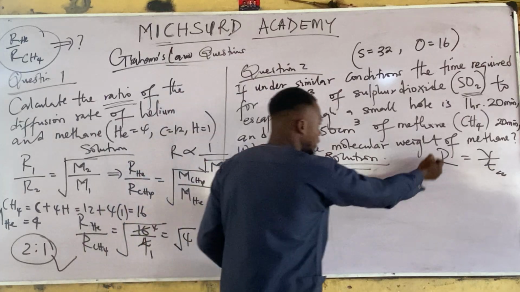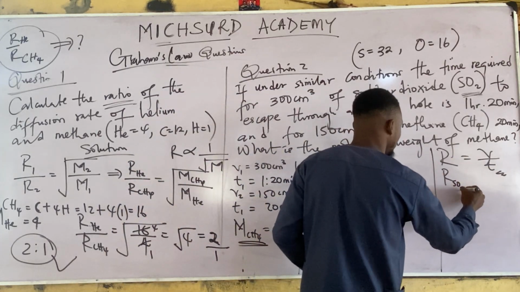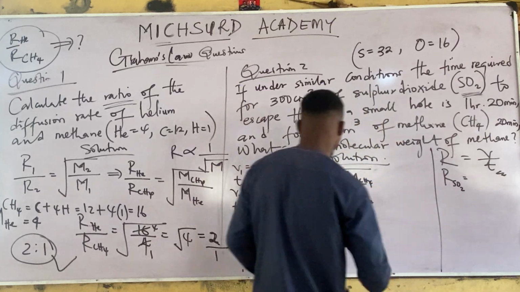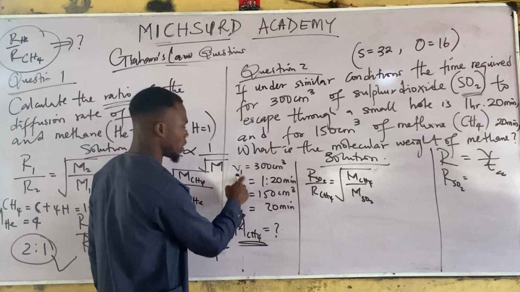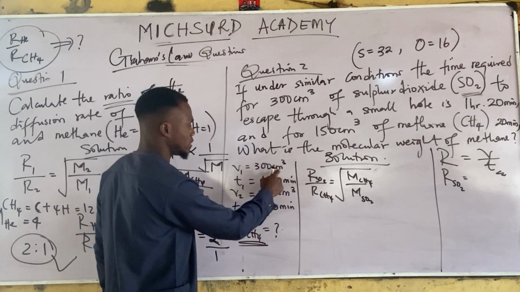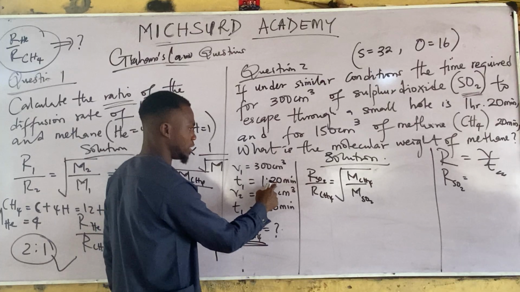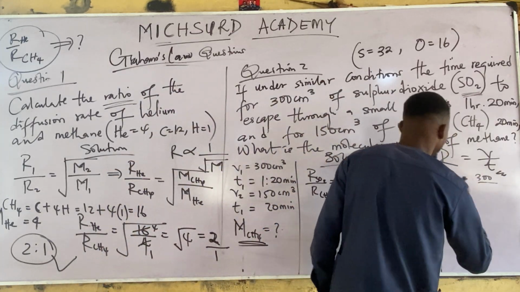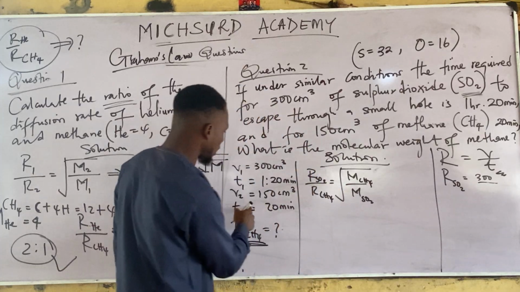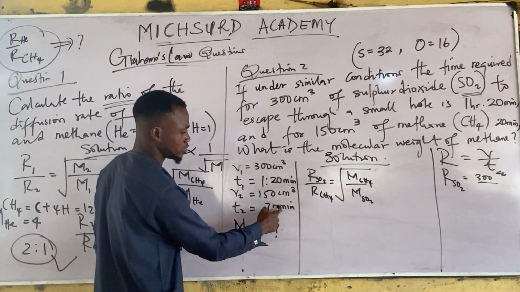If I want to get the rate of diffusion of SO2, since the first case is SO2, that is 1, the volume there is 300, and the time is 1 hour 20 minutes. So this will give us 300 divided by the time. But the other time here, T2, is given as 20 minutes.